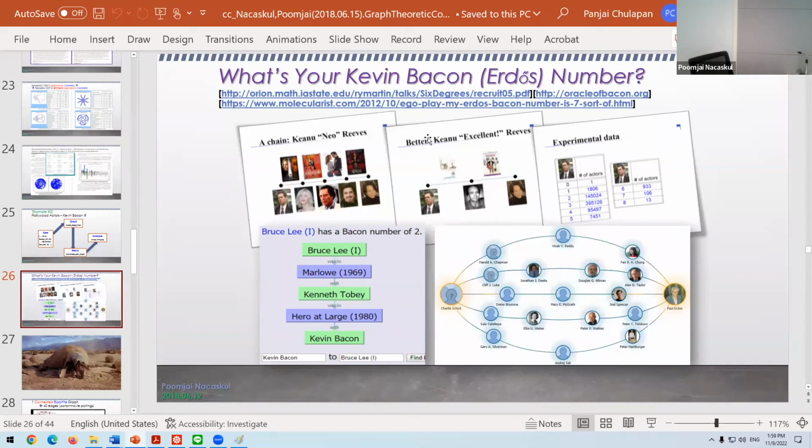So you actually have this matrix, movies by actors. But by doing this kind of computation, say from Bruce Lee 1, 2 to Kevin Bacon, I can make this into another matrix, which is actor by actor, and then I put the number 2 over here.